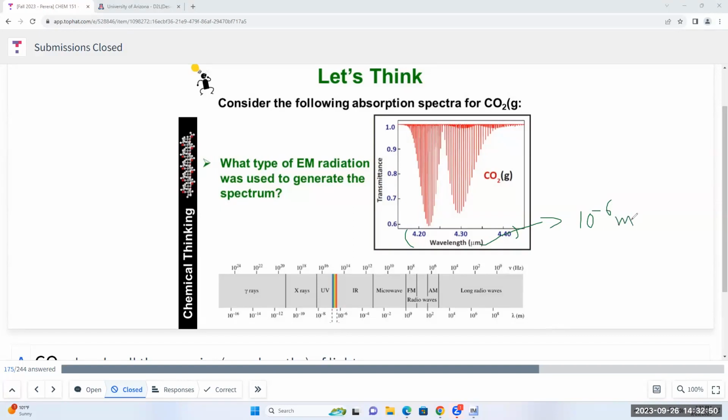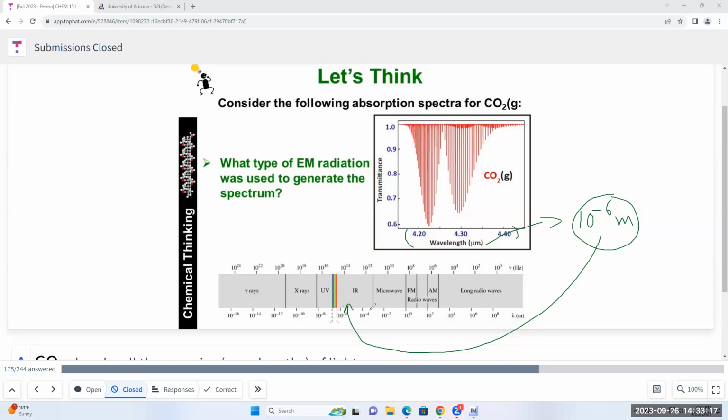So here's a straightforward way, based on the information given to you. 10 to the power of minus 6 meters falls within this region over here. The wavelength is given in the electromagnetic spectrum down here, so 10 to the power of minus 6 meters falls within the IR region, and that tells you immediately that this should be IR radiation. That's the easiest thing to do.